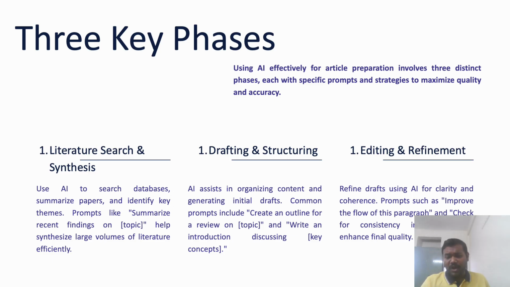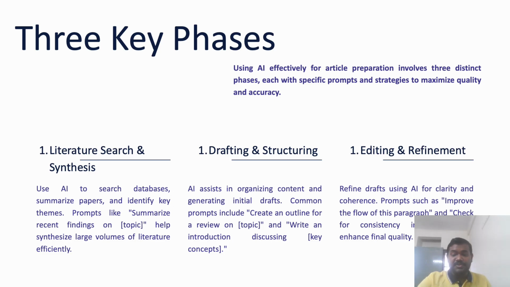Then we talk about drafting and structuring. Once we understand the literature, we need to organize our thoughts into a logical manuscript structure. AI tools can help generate outlines, suggest section organization, provide writing frameworks, and make the drafting process more efficient. And finally, you see the editing and refinement.